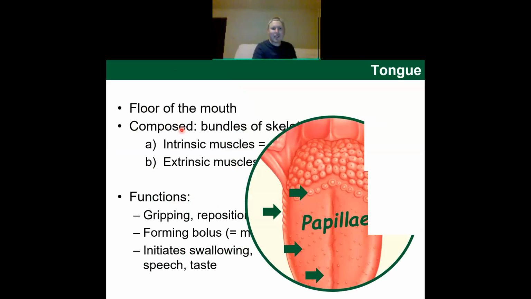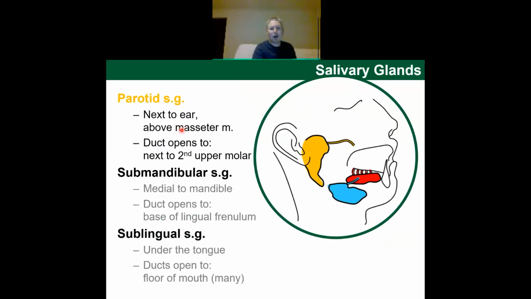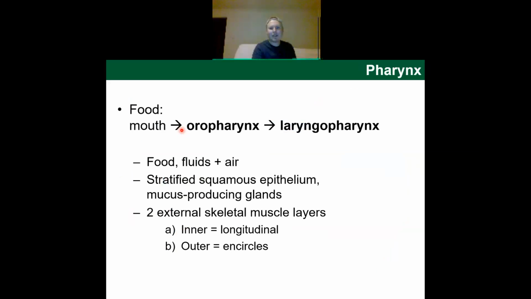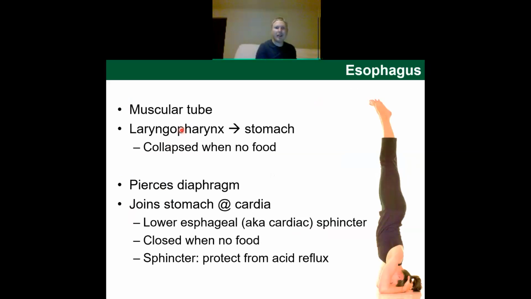And what's interesting is that even if you were standing on your head, you're still able to transport food or water from your mouth to your stomach, thanks to the peristalsis of the esophagus.